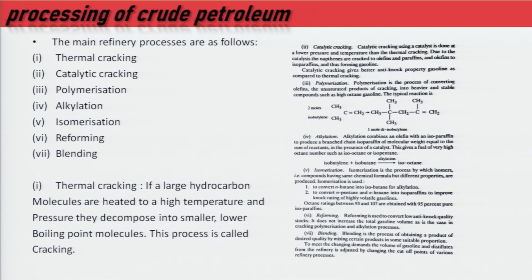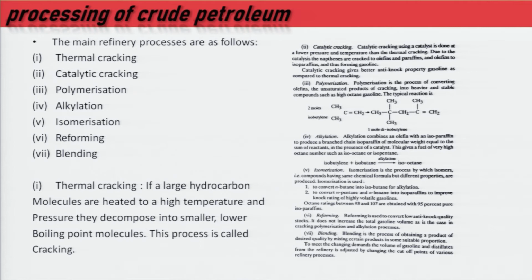Octane rating is the characteristic of SI engine fuel. Higher the octane number is desirable, higher the octane number, more cleaner and more knock free operation of that fuel. So, we go from crude oil, then purification, then after purification we need some processes for refining it.